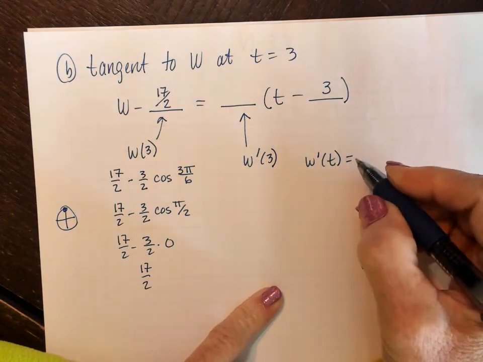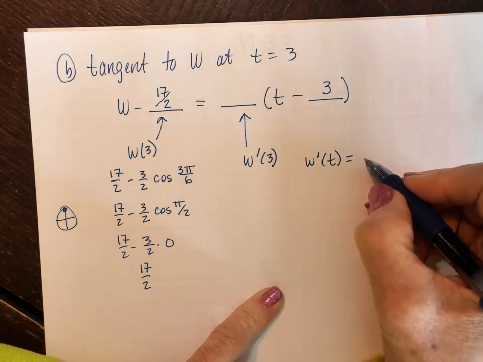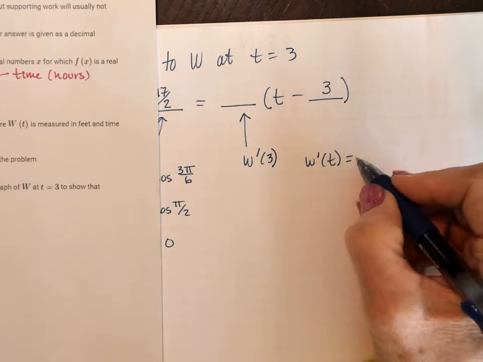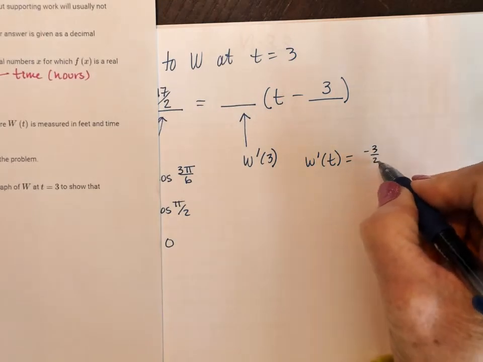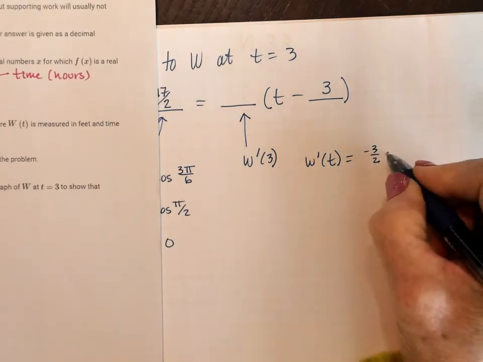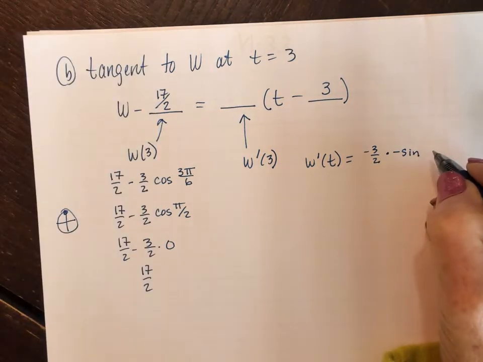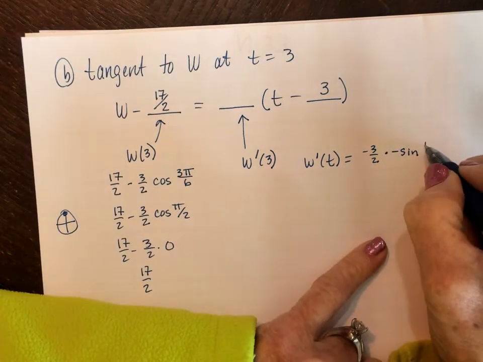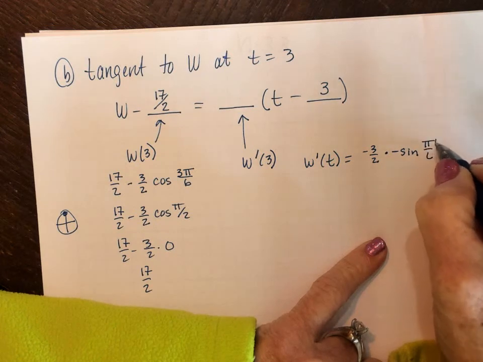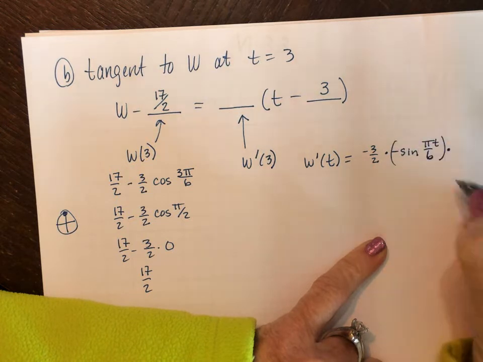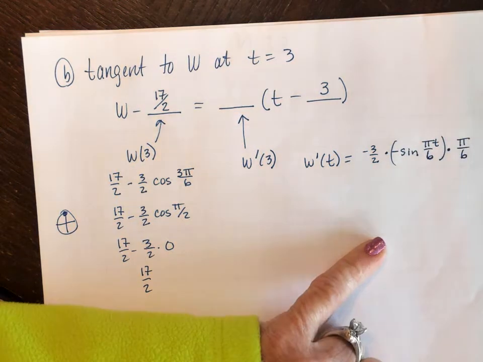The 17 halves is going away, and then the negative 3 halves stays, and then the derivative of cosine is negative sine. Leave the inside alone. Pi t over 6, and then times the derivative of the inside, which would be pi over 6.